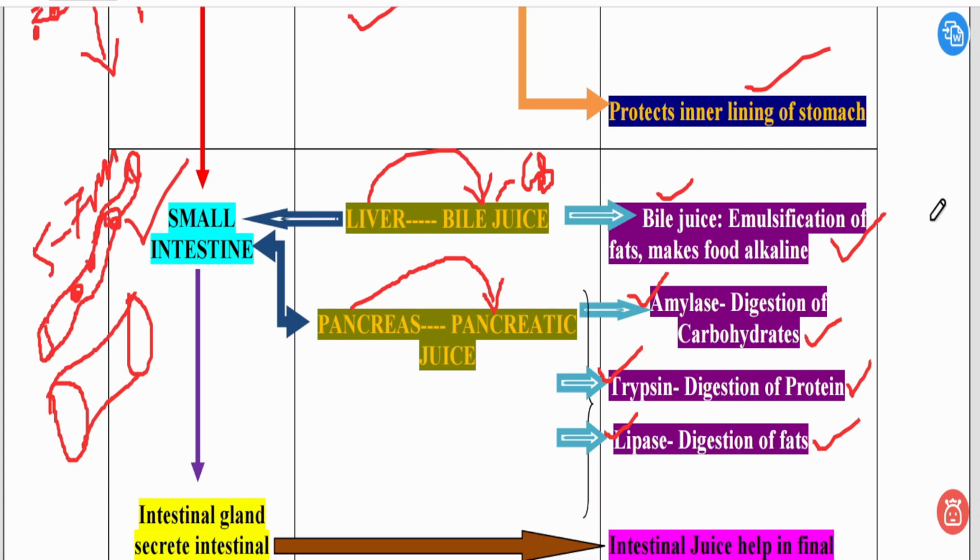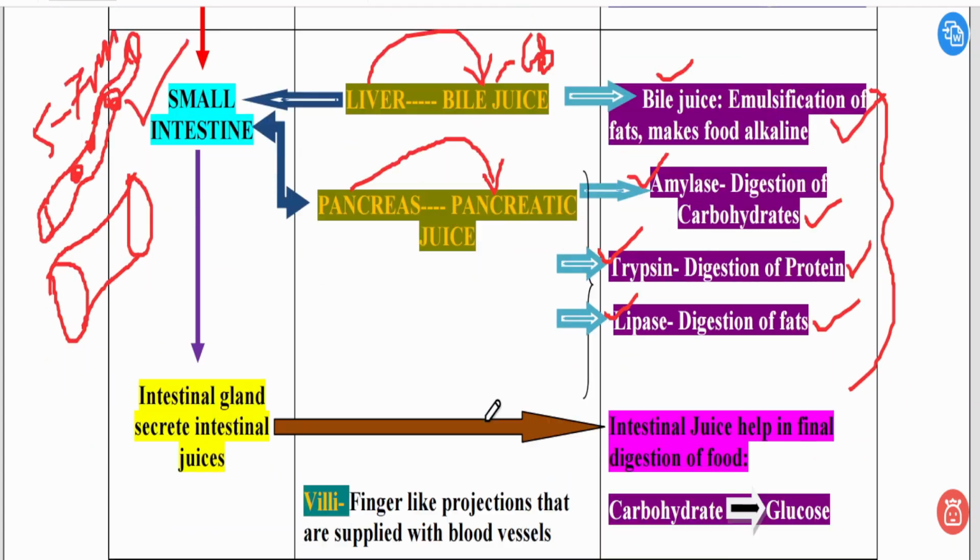So this is not the final process of digestion. The final process of digestion will take place with the help of the intestinal gland. This intestinal gland secretes intestinal juice, and this intestinal juice helps in the final digestion of food.